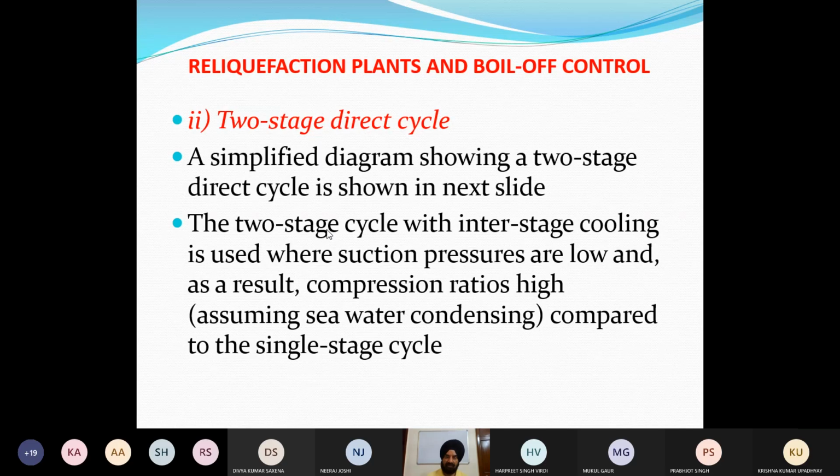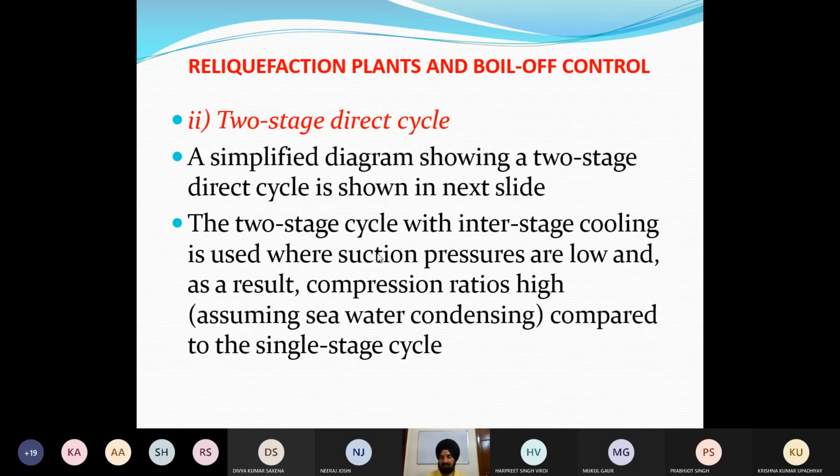Here, the tank vapors are drawn to the stage 1 compressor, and this is put into an intercooler in between, an intermediate cooler, which is cooled partly by the cargo, not by seawater.